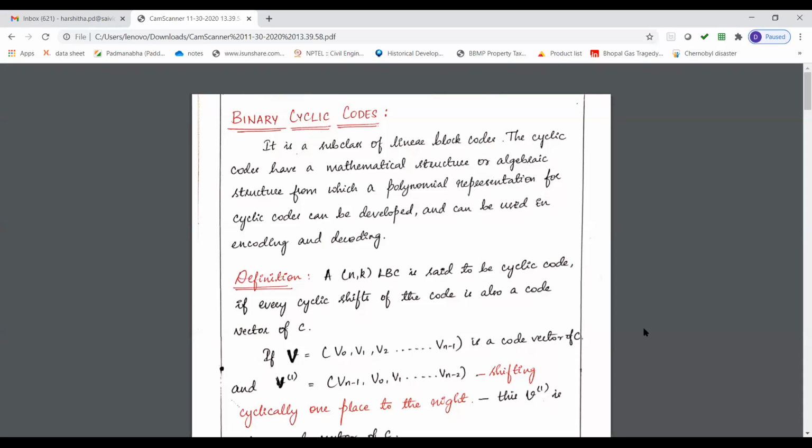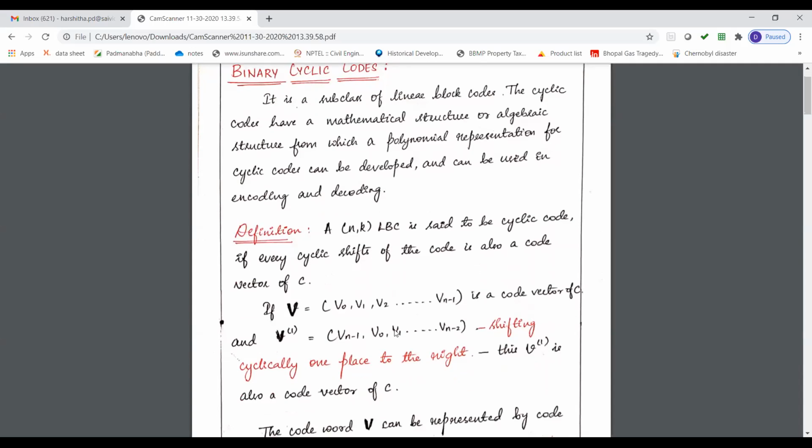Coming to the definition of binary cyclic codes: any linear block code (n, k) is said to be a cyclic code if every right or left cyclic shift of a code vector is also a code vector of C. For example, let us take a code vector V given by V0, V1, V2 and so on till Vn minus 1, which is a code vector of C. Now I'll perform a cyclic shift.